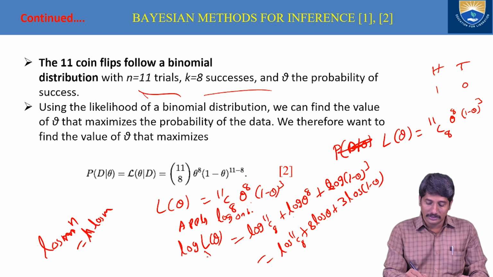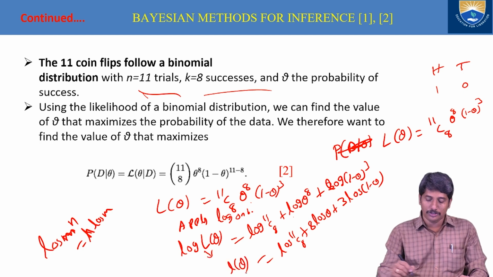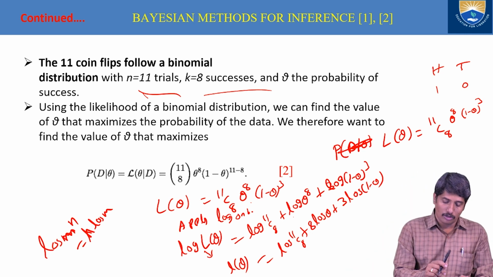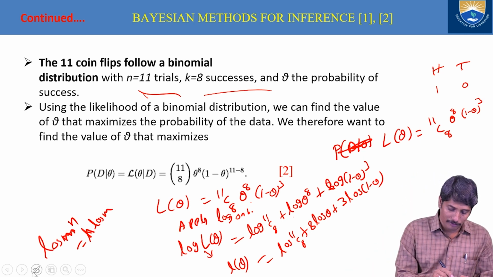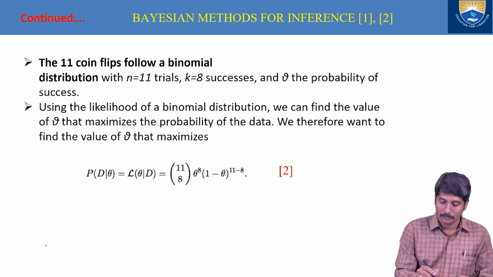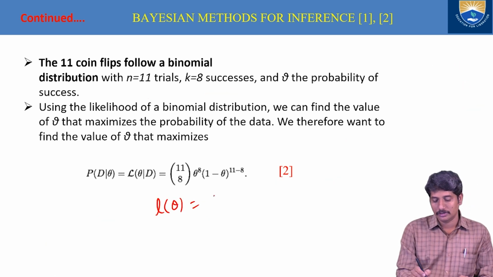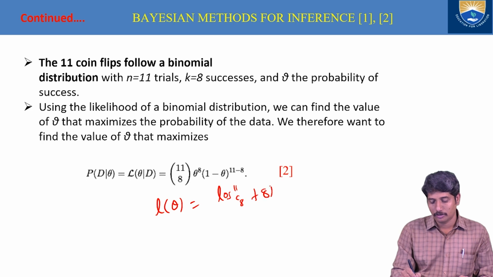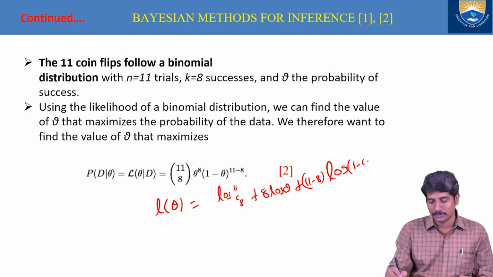We call this small l of theta, the log likelihood. Let us write the log likelihood once again. What we have obtained is l of theta equal to log 11C8 plus 8 log theta plus 11 minus 8 times log of 1 minus theta.